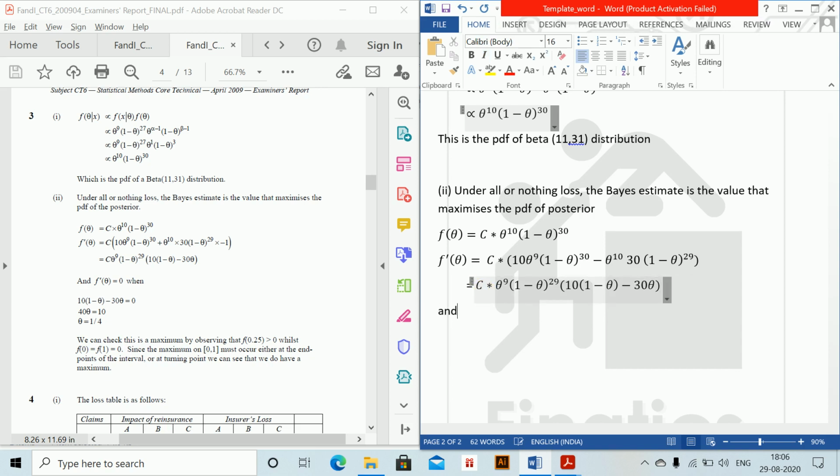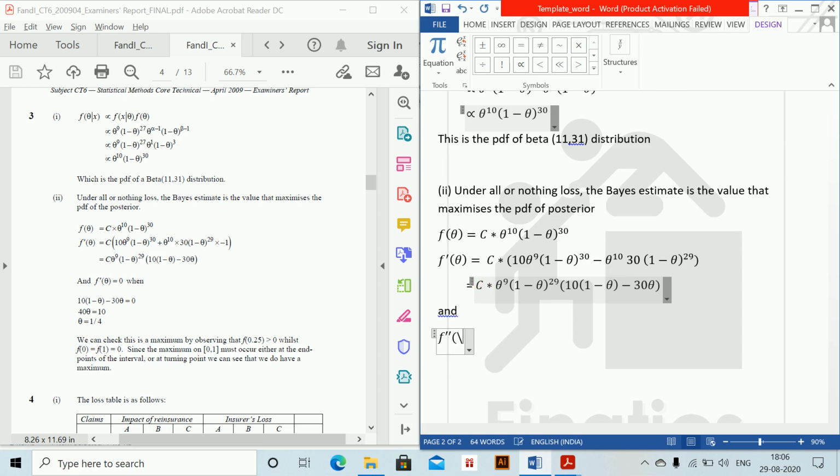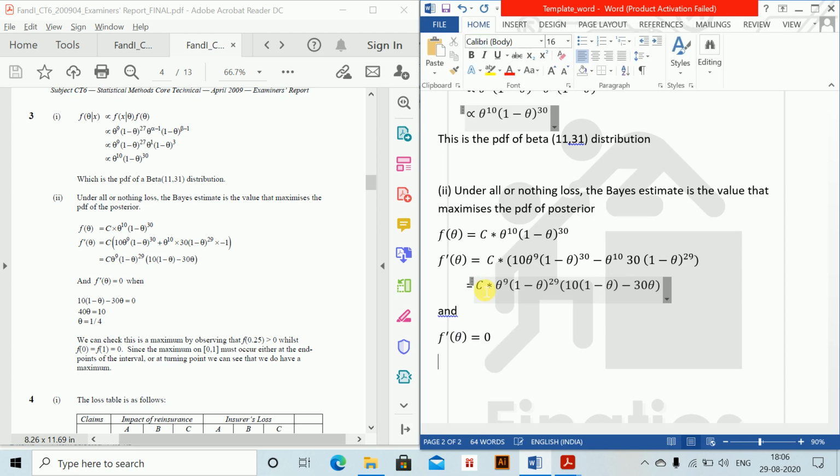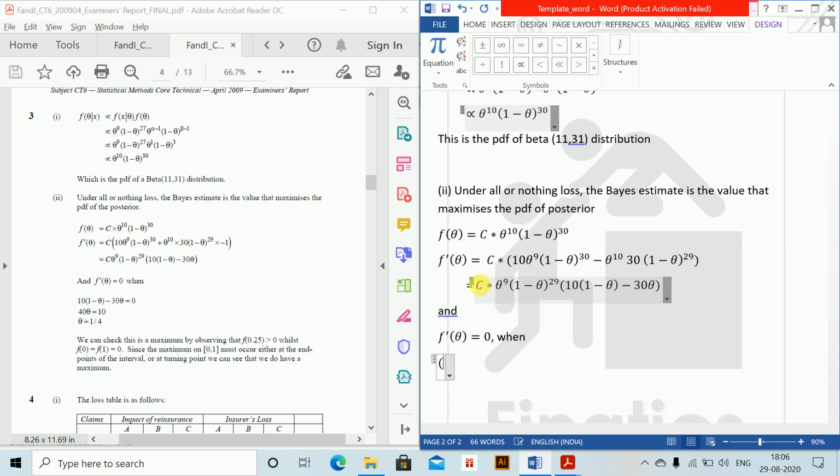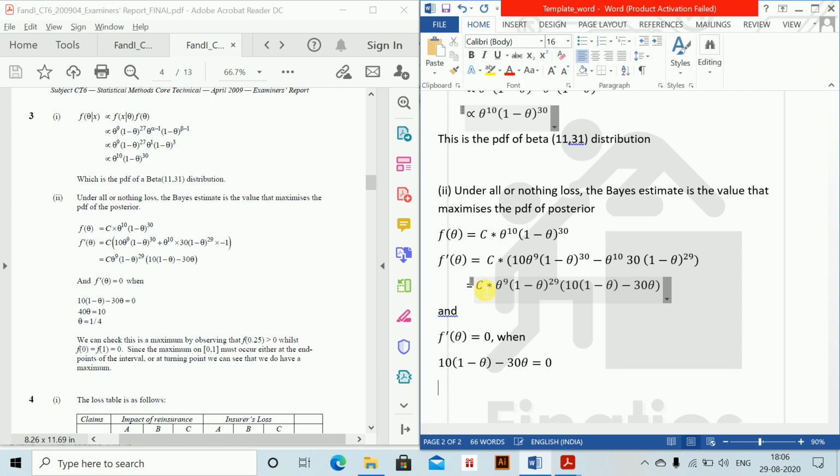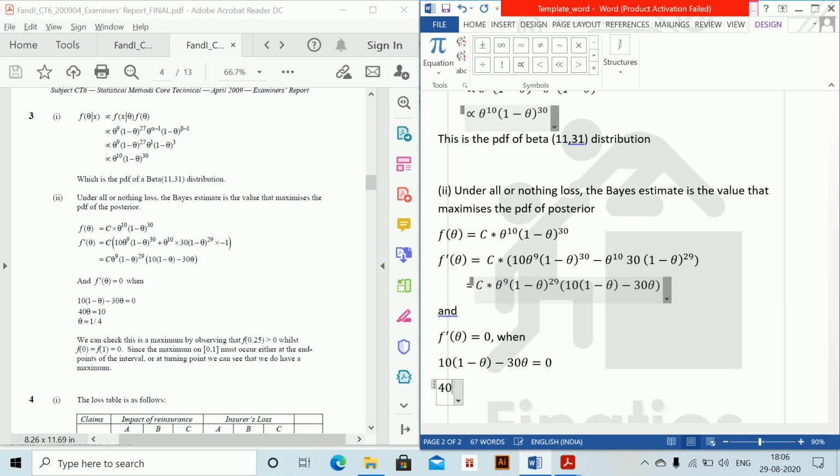Okay, and f dash of theta is equal to 0 when 10 into (1 minus theta) minus 30 theta is equal to 0, or 40 theta is equal to 10, or theta is equal to 1 by 4.